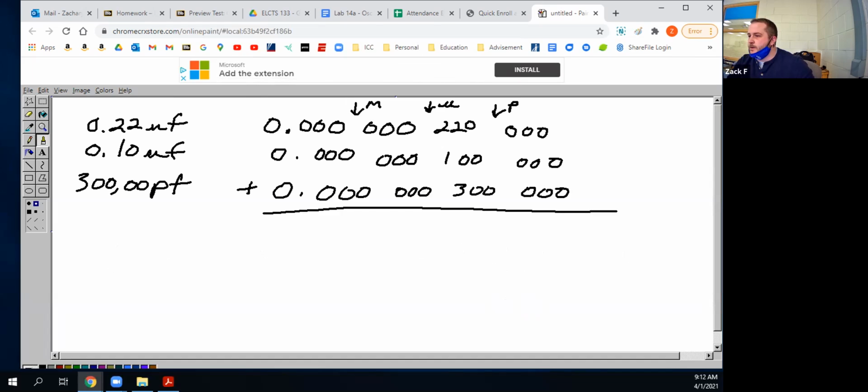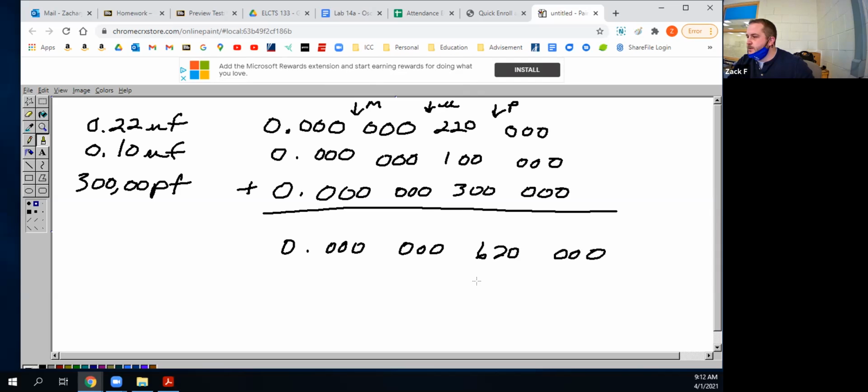Add all those together and you end up with 0.00000620000.